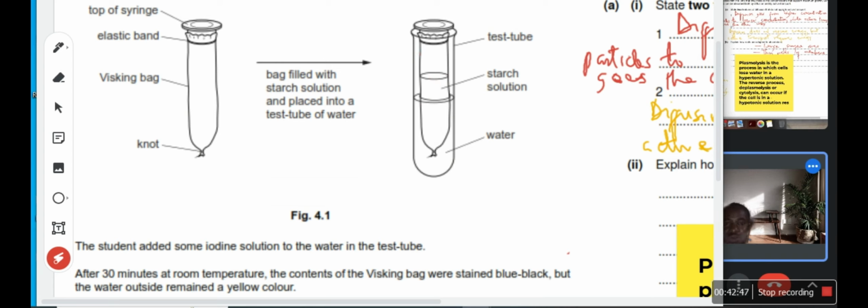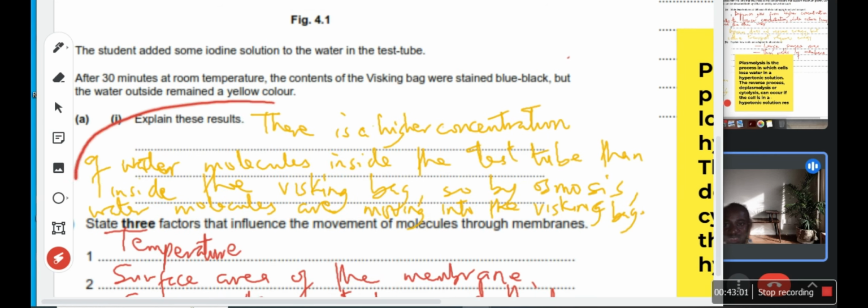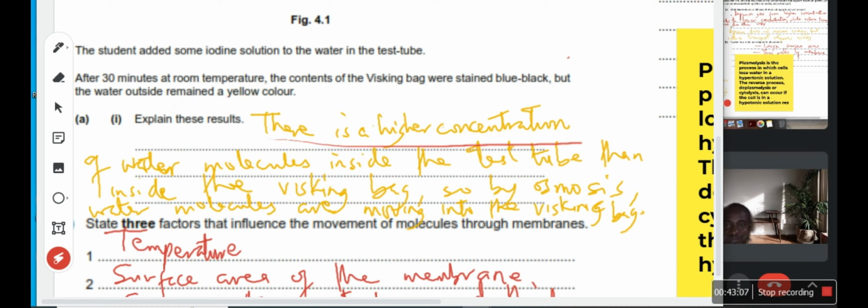So water can move from inside the whisking bag into the test tube, or from the test tube into the whisking bag, depending on the difference in concentration of water molecules. But in this case, if you study this question, can you read what I wrote in yellow? There's a higher concentration of water molecules inside the test tube than inside the whisking bag. So by osmosis, water molecules are moving into the whisking bag.